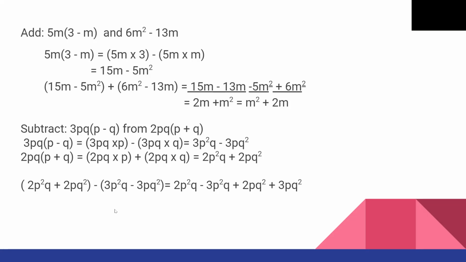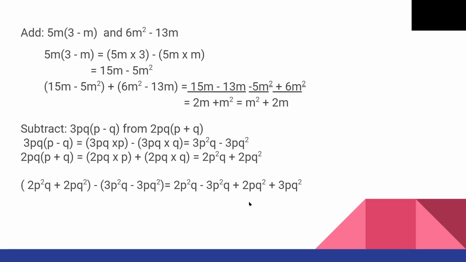2p square q minus, collect the like terms together. Which is the like term of this from the second polynomial? First term 3p square q. So 2p square q minus 3p square q. Now plus, now pq square term. So these two are the like terms. So 2pq square, then minus and minus will change to plus. So plus 3pq square.